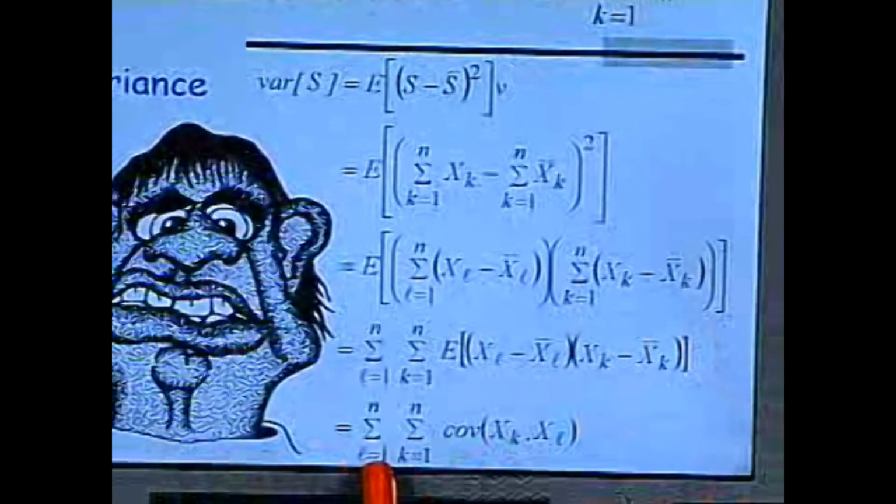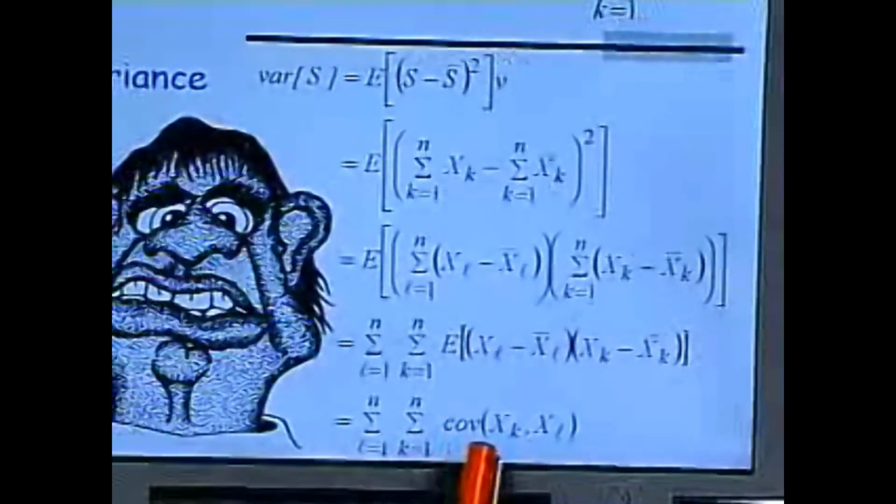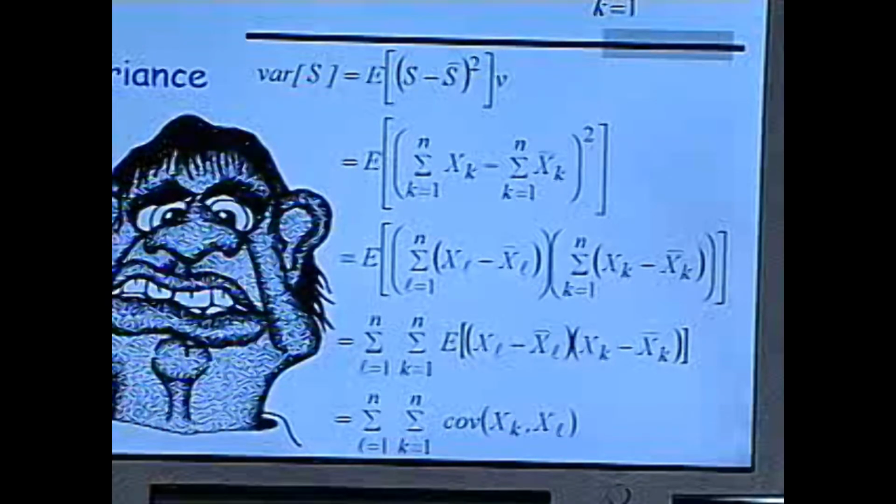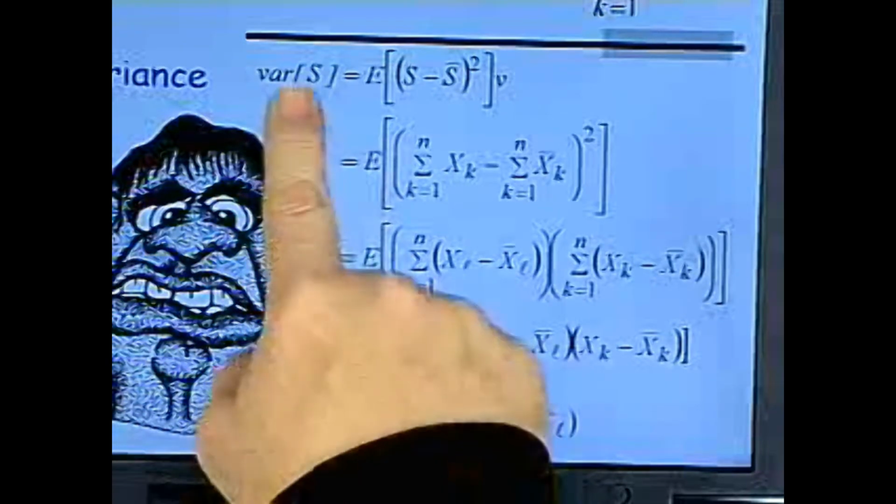It's equal to the summation of the covariances of x sub k and x sub l. You remember the covariance matrix that we talked about when we talked about the Gaussian random variable? That covariance matrix exists no matter what the random variable is. It doesn't have to be Gaussian. That is the covariance matrix we called K. If you go to that covariance matrix and you add up all the elements in the covariance matrix, you get the variance of the sum.